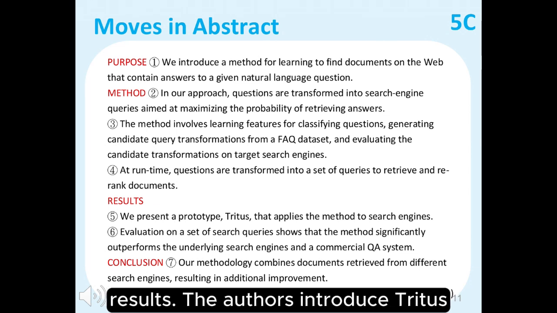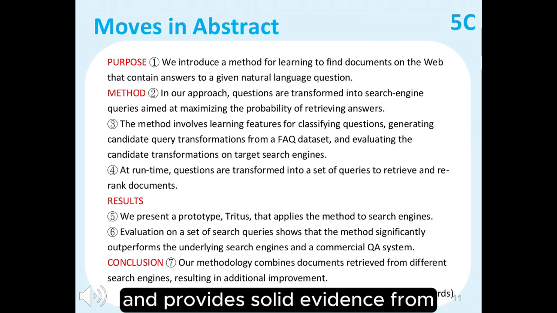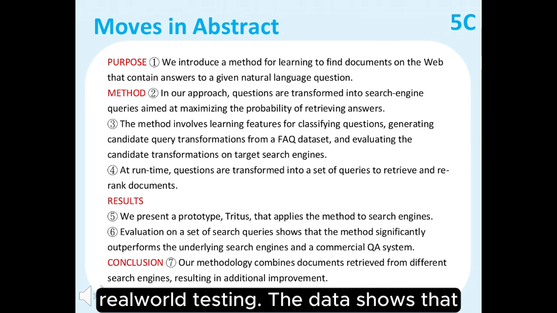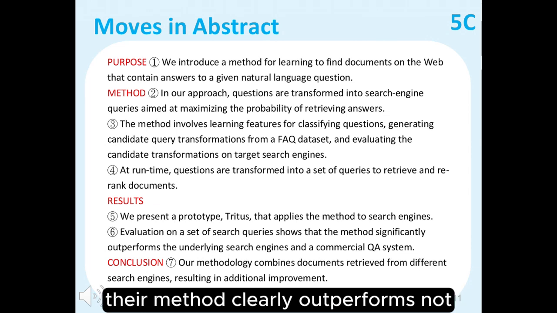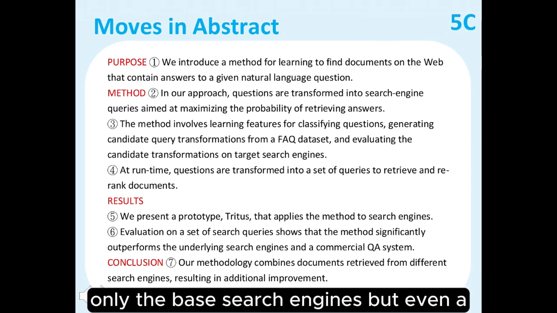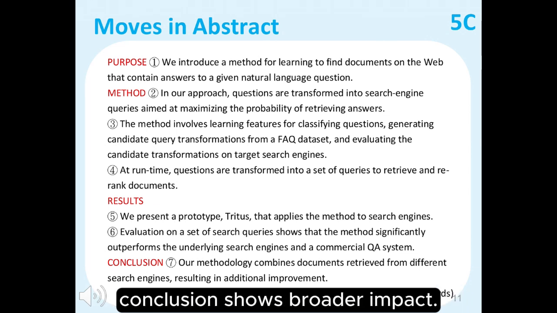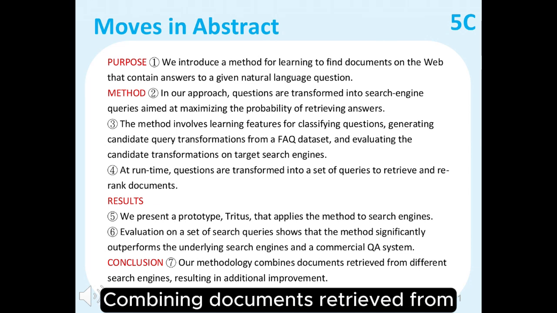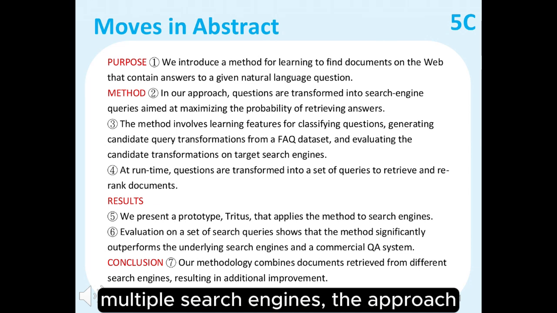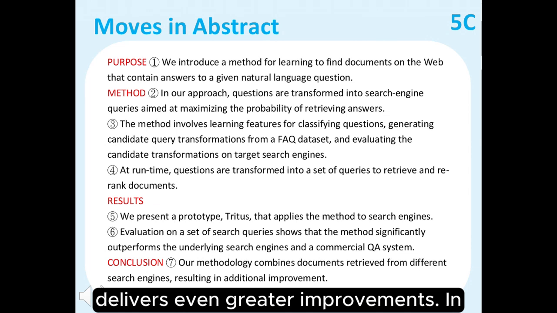Then we see the results. The authors introduce Tritus and provide solid evidence from real-world testing. The data shows that their method clearly outperforms not only the base search engines, but even a commercial QA system. And finally, the conclusion shows broader impact. Combining documents retrieved from multiple search engines, the approach delivers even greater improvements.